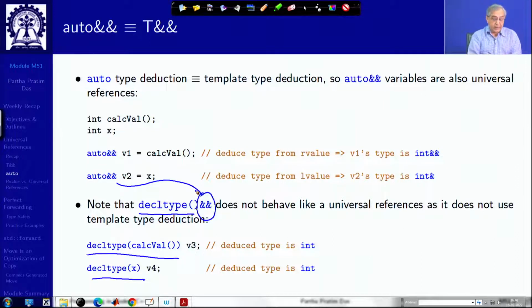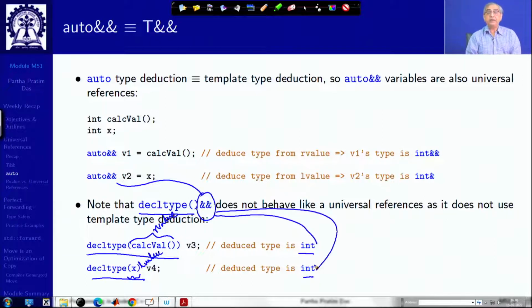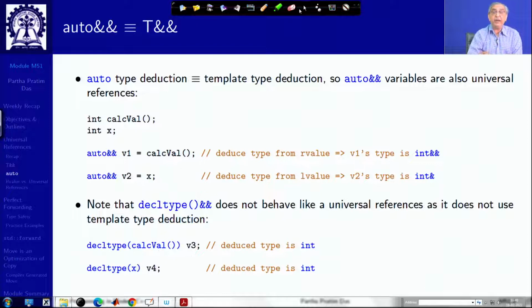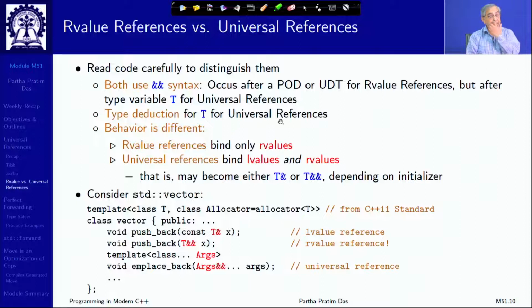So, whether it is an L value parameter or an R value parameter, the type deduced by decltype will be just int. Therefore, if I use two ampersands after this, it will become an R value reference in both cases. It will not behave like a universal reference.